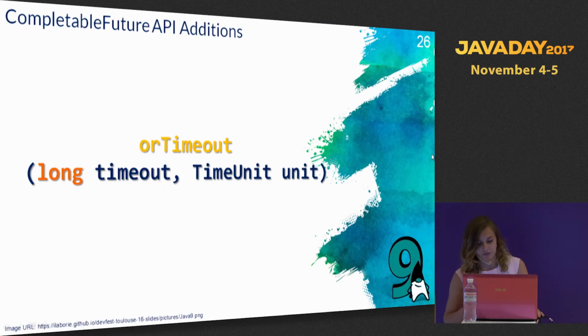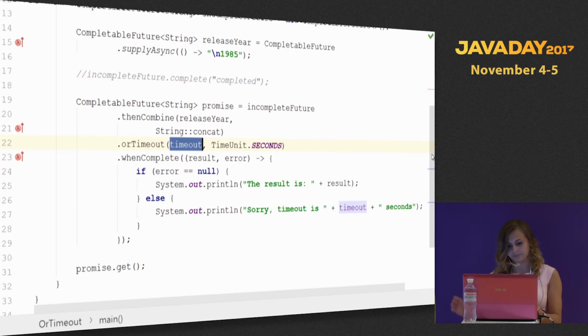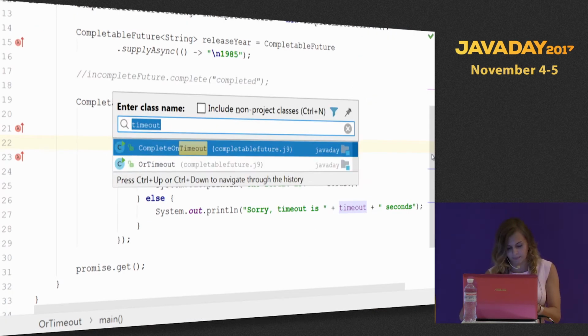But that's not it regarding timeout support. We can also avoid exceptions when completing our future on timeout by using this method. The only new parameter here for us is value. Basically, it's just a default value that is returned if in our specified timeout, if in 5 seconds our value is not completed. Well, let's just take a look.